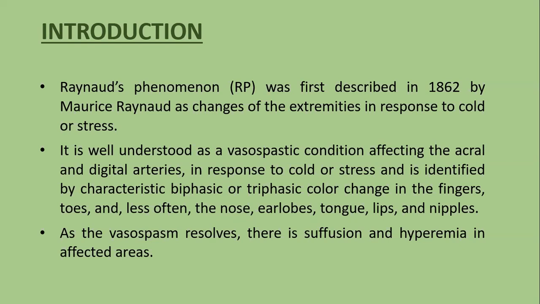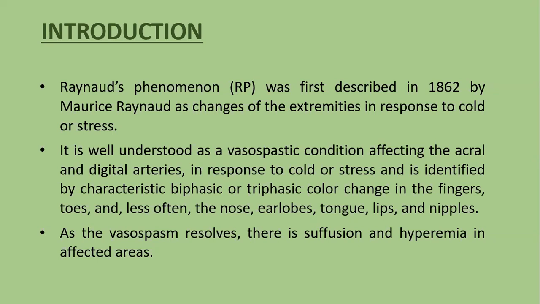It is well understood as a vasospastic condition affecting the acral and digital arteries in response to cold or stress, and identified by characteristic biphasic or triphasic color changes in fingertips, toes, less often nose, earlobe, tongue, lip, and nipples.